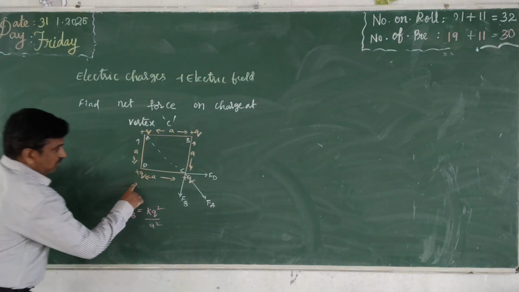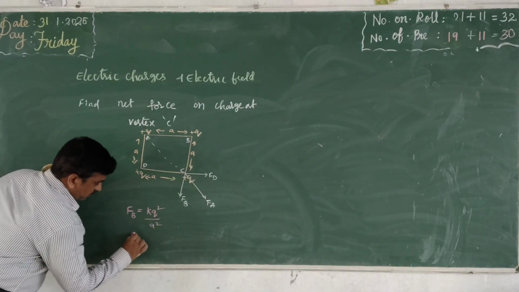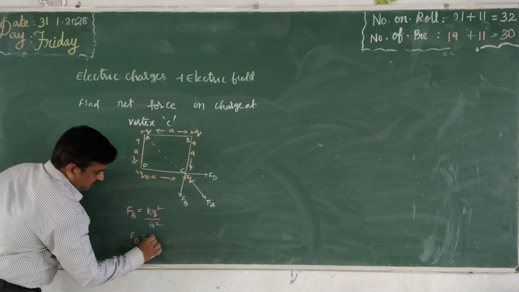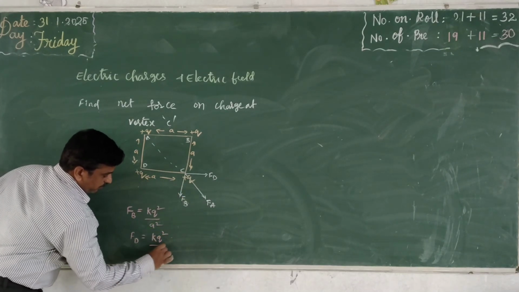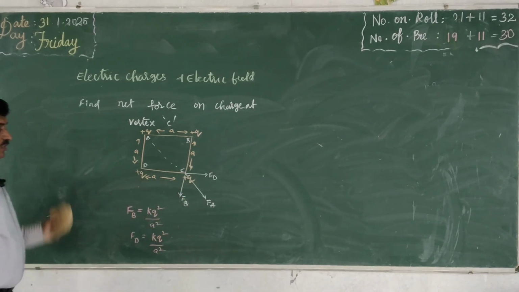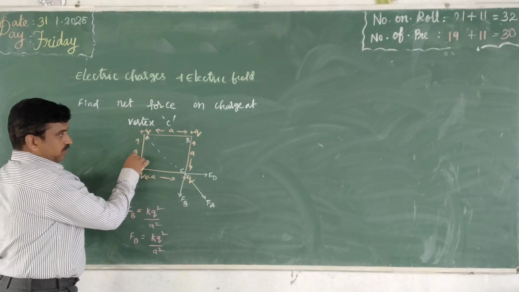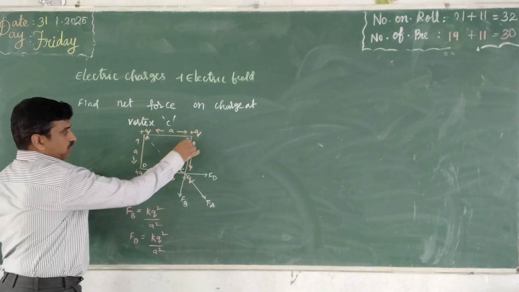Force on C due to D is also K q square by A square. Along this side the distance between the charges is A, and here also A.